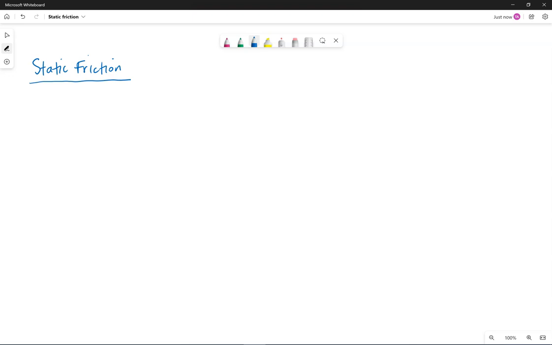Keep in mind, static friction means the object is not sliding on the surface. It doesn't necessarily mean the object's stationary, at rest, though that certainly could be the case. The all-inclusive, all-encompassing definition is that the object's not sliding.